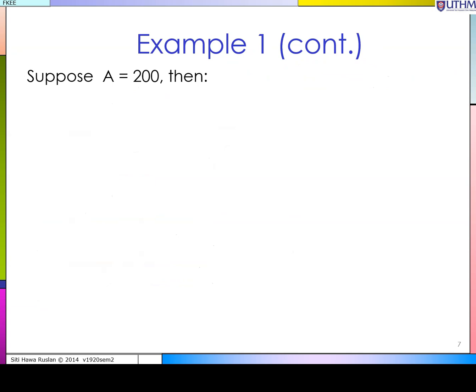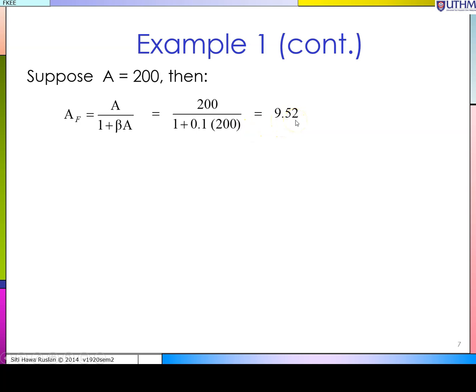Now, suppose that my gain is 200. What will be my overall gain with feedback, which is my AF? I can use this equation, A divided by 1 plus beta A. Using A of 200 and the beta we calculated just now, 0.1, I get a gain of 9.52.